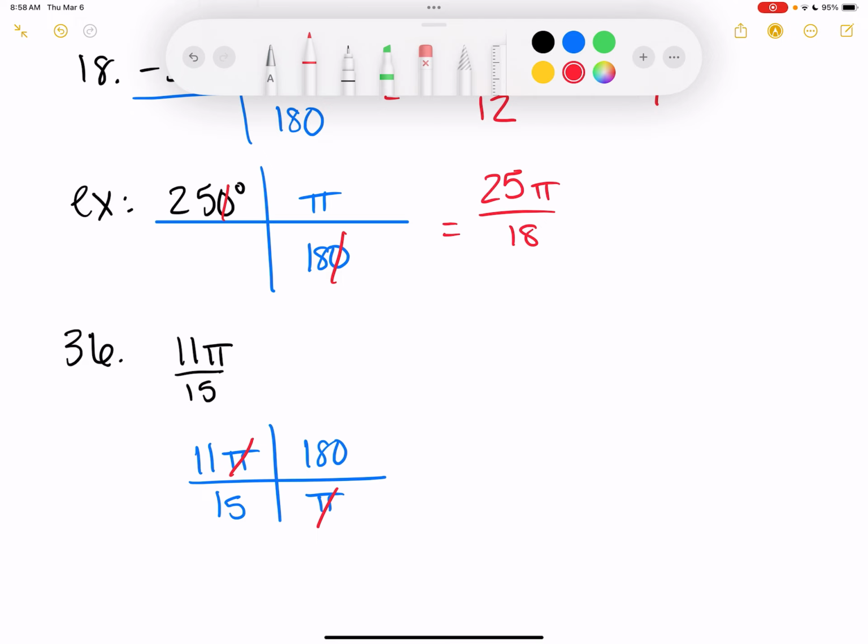Radian measures we leave in fractions, degrees we don't. So at this point I would just do 11 times 180 divided by 15 and I get 132 degrees. So the stuff on top gets multiplied, stuff on the bottom gets divided.